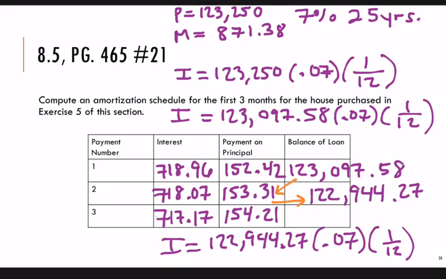Okay, and then subtract this number minus this number, and that gives 122,790 and 6 cents.